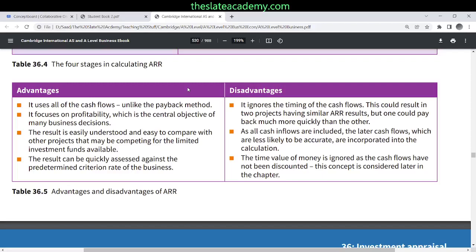Similarly, in terms of percentages, it is easier to understand how much percent is the return on a certain project. Then it can be compared with the benchmark rate of the business as well. For example, the business might have a policy that they won't invest in a project unless it gives 20% return or 25% return.